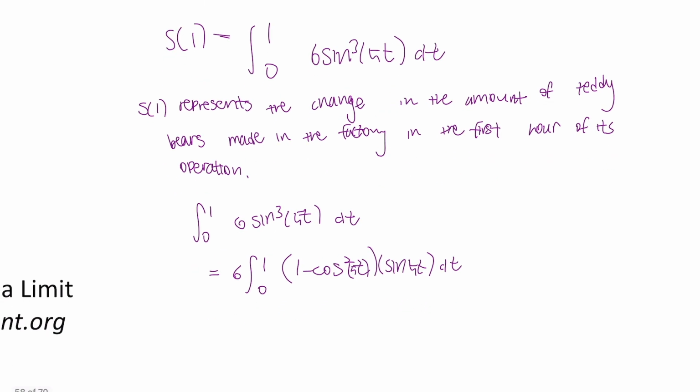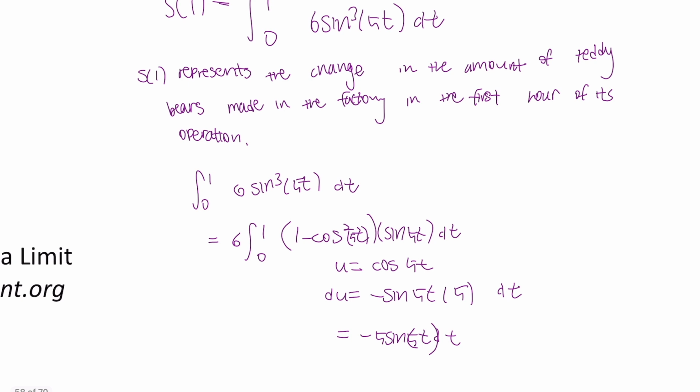We're going to set u as cosine 5t. du is going to be negative sine 5t times 5 dt, so negative 5 sine 5t dt. So negative 1/5 du equals sine 5t dt, which we have right here.